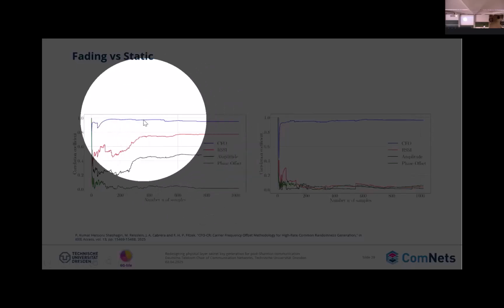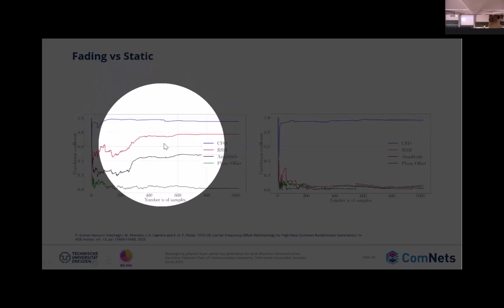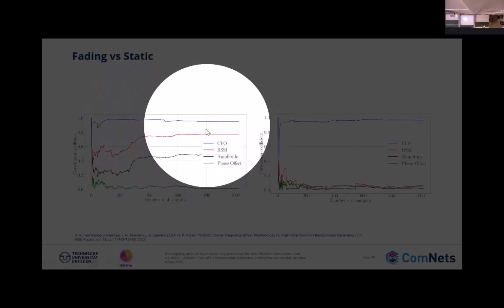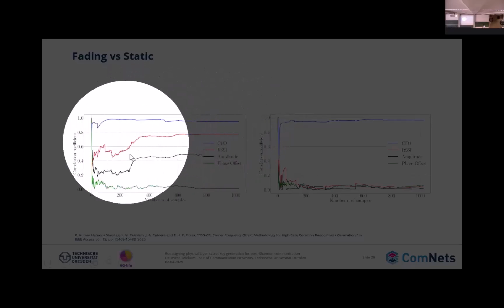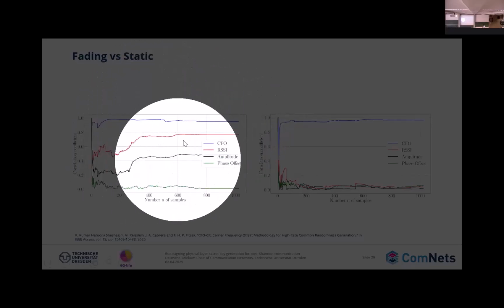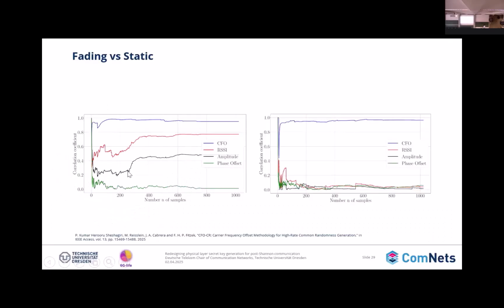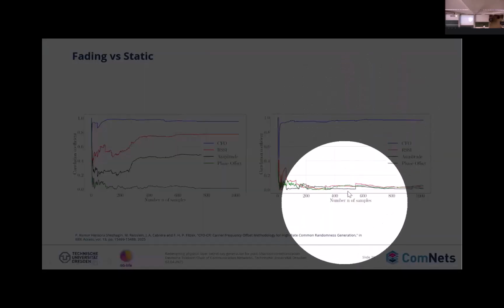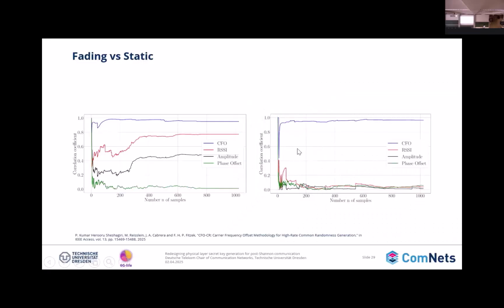And here, this result was mainly by moving one of the hardware from left to right at random instances of time, and we noticed the channel observations here. So with movement, we actually achieve higher entropy and higher correlation. So that's good news. Of course, this is mainly for the static part. Okay, thank you.